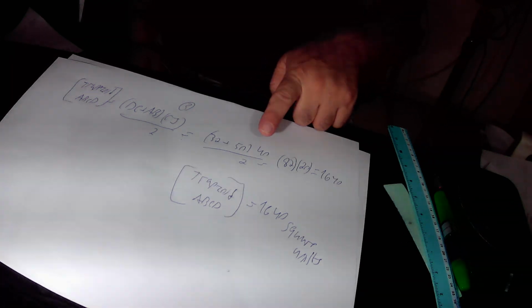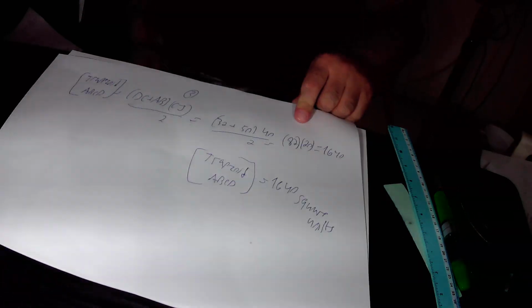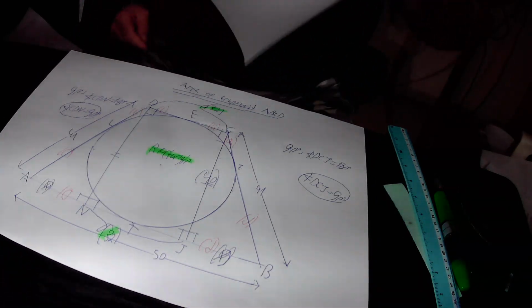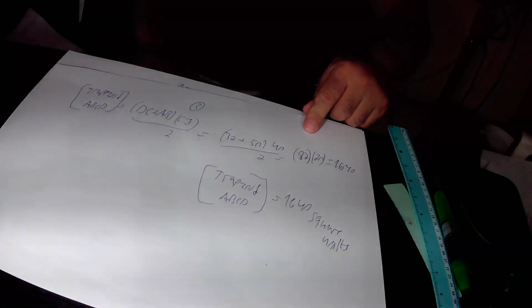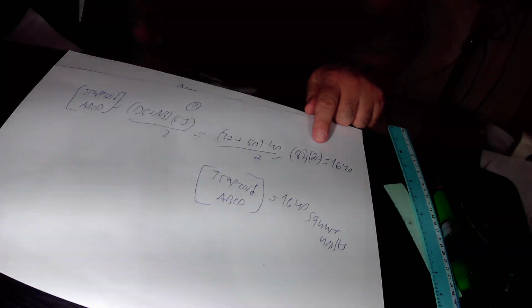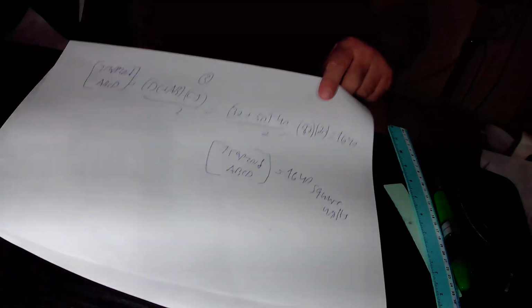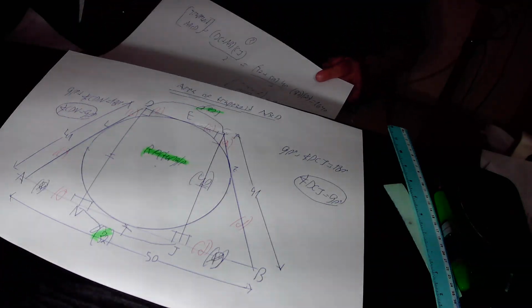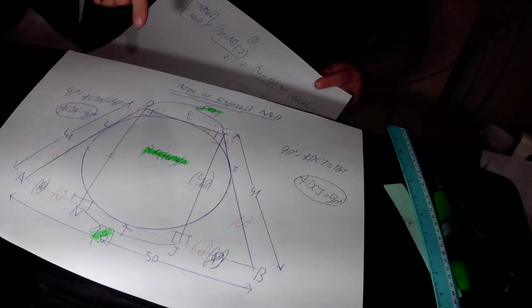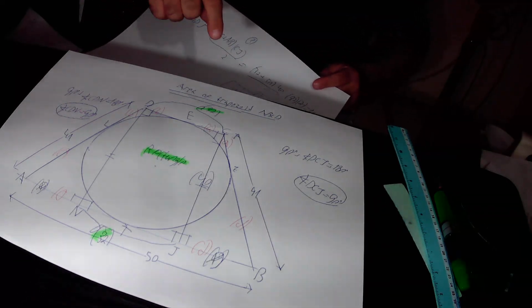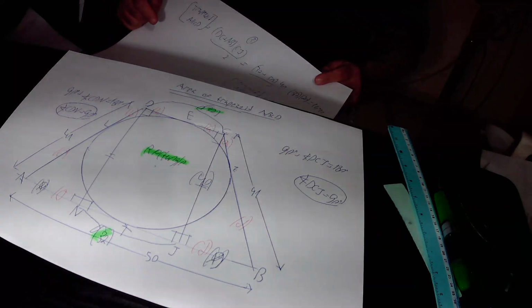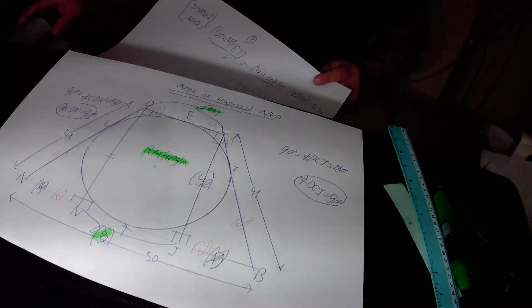And 40 over 2 is 20. So in total, the area of this trapezoid ABCD equals 82 times 20. 82 times 20 is 1640. So the area we are looking for in this question, the area of this trapezoid ABCD, is equal to 1640 square units. Okay, thank you very much.